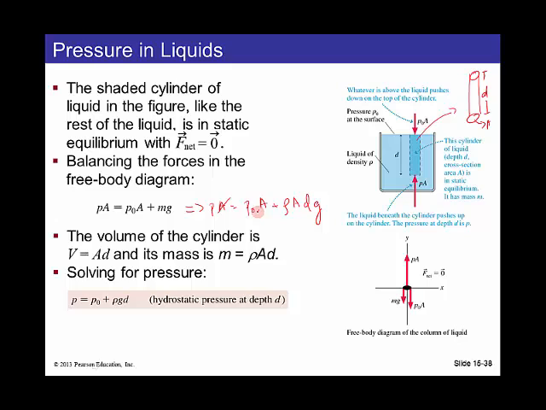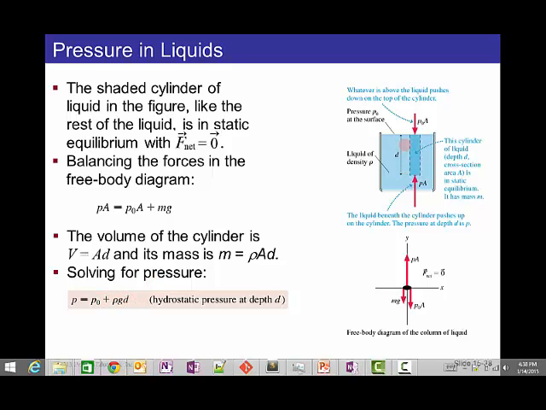Then I can cancel the A's, and I get that the pressure at the bottom is equal to the pressure at the top plus the density times gravity times D. So the pressure at the bottom only depends on this distance D. And this is the equation for the hydrostatic pressure that depends only on this distance D.